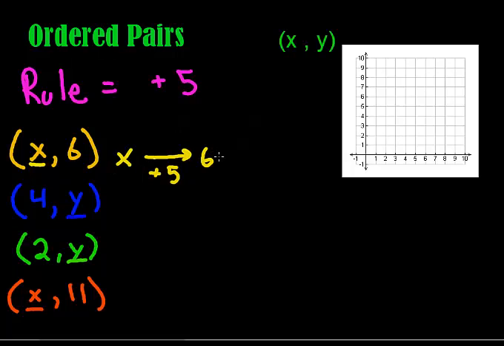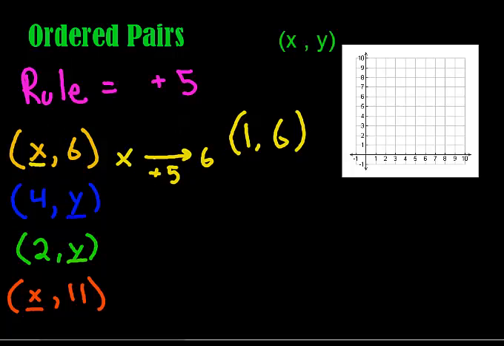So 6 minus 5, my x has to be 1. So this point has to be (1, 6). And I know that because 1 plus 5 is 6. Or if I go backwards through a function machine, I just do the opposite sign. 6 minus 5 is 1. So I know that point is (1, 6).